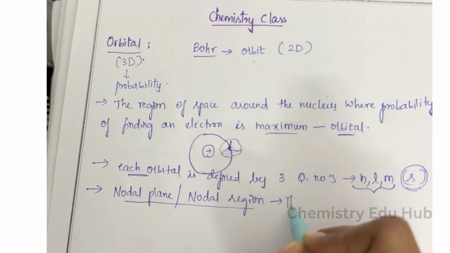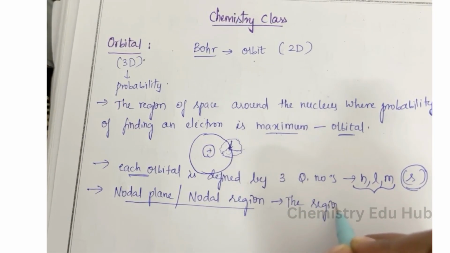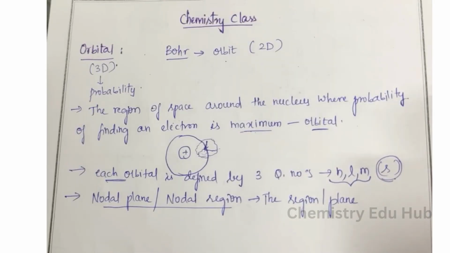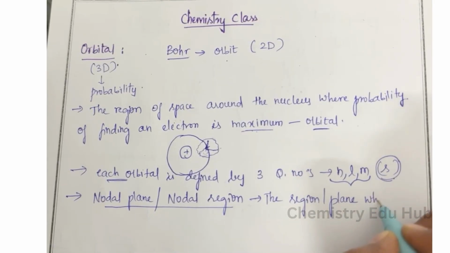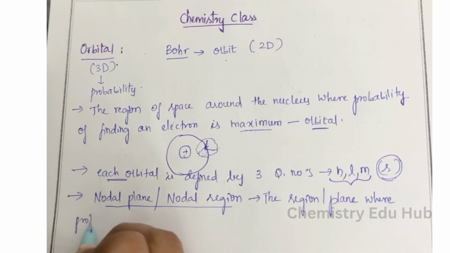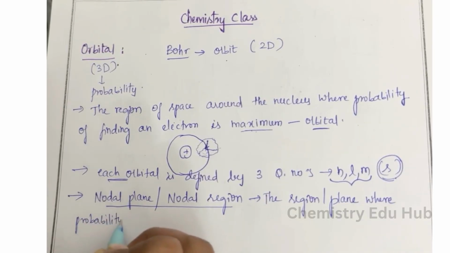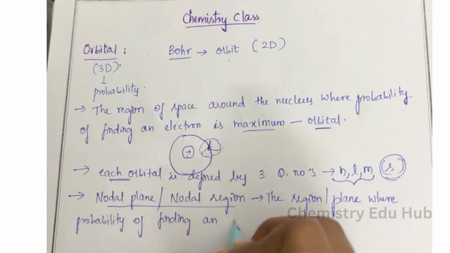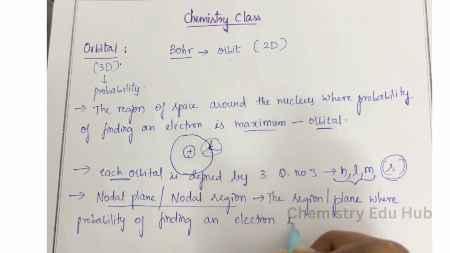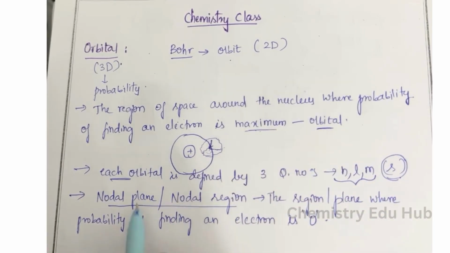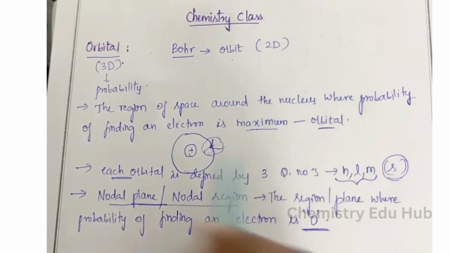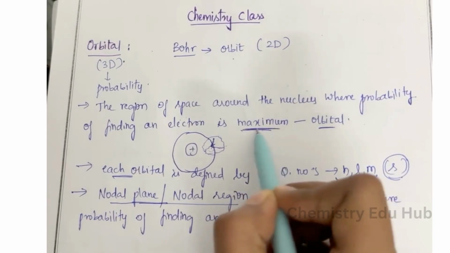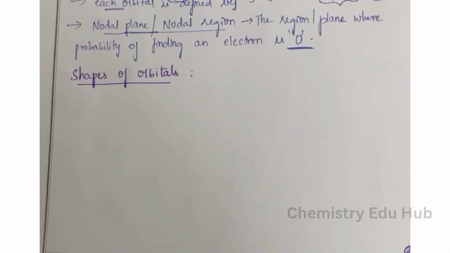The region or plane where the probability of finding an electron is 0. That means you do not find an electron in the nodal plane or nodal region. In orbital, you can find the electron up to 95% or maximum probability is present.